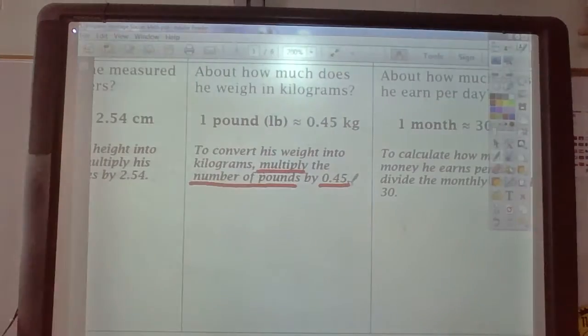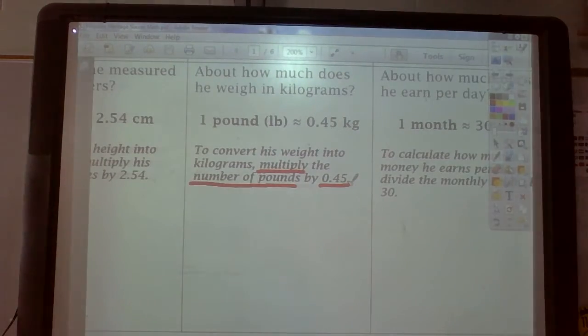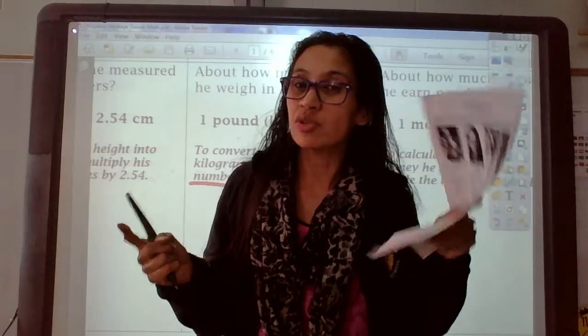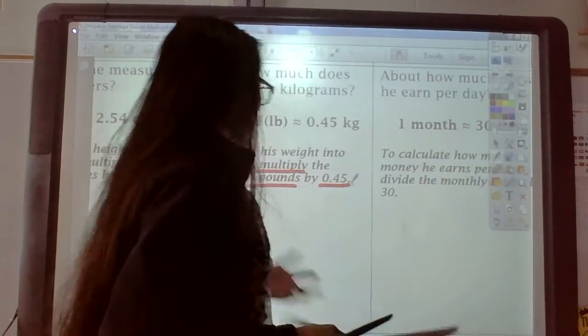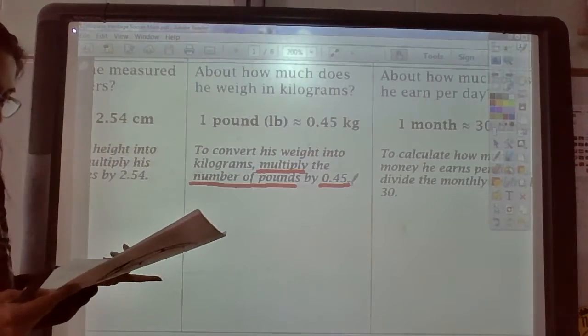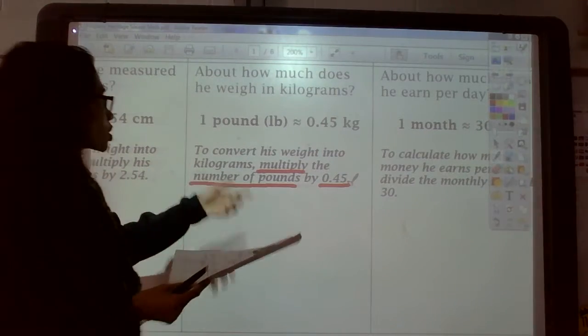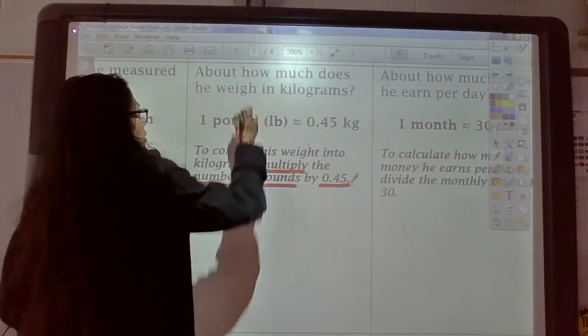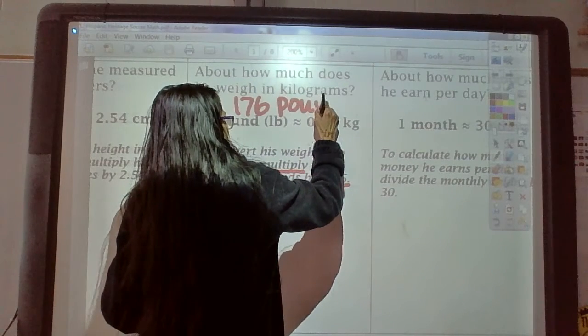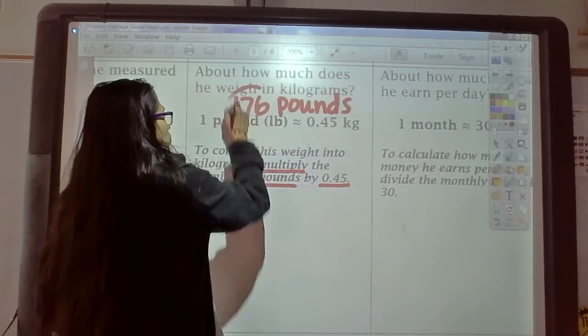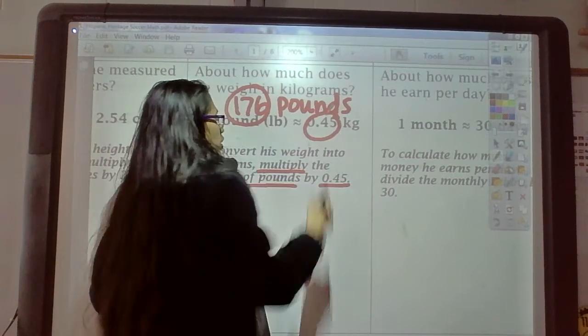Let me just get my paper just to double check. Yes. See, look, I have it up there, and I have my paper too, just to double check and make sure I'm not telling you the wrong thing. So he's 176 pounds. Now, we need to multiply that 176 pounds, multiply that number by this number right here, okay?